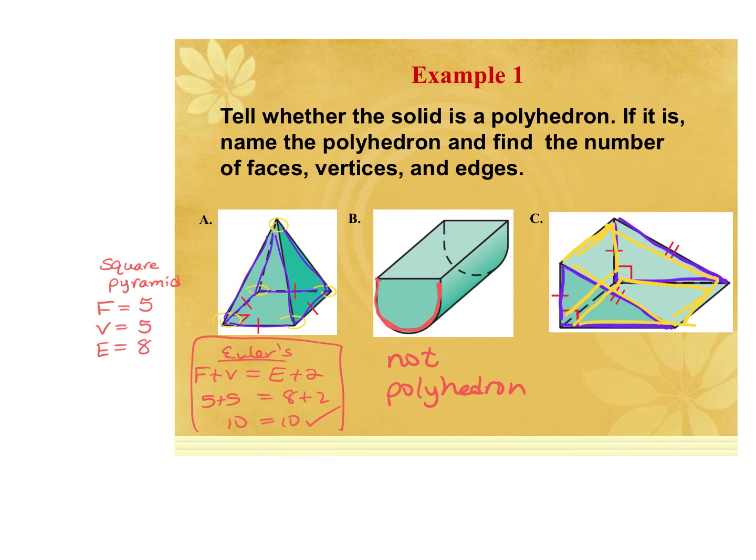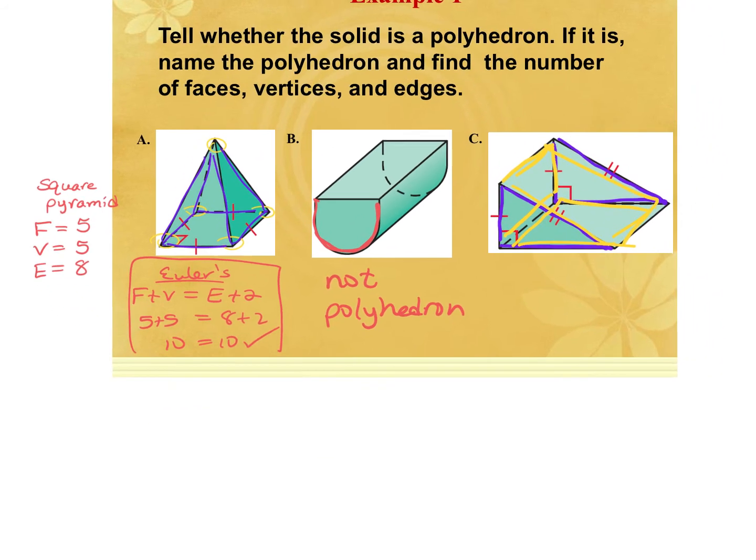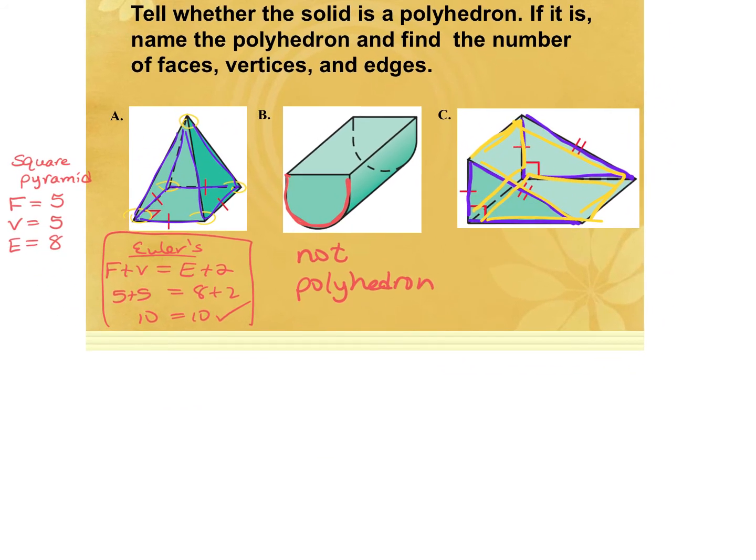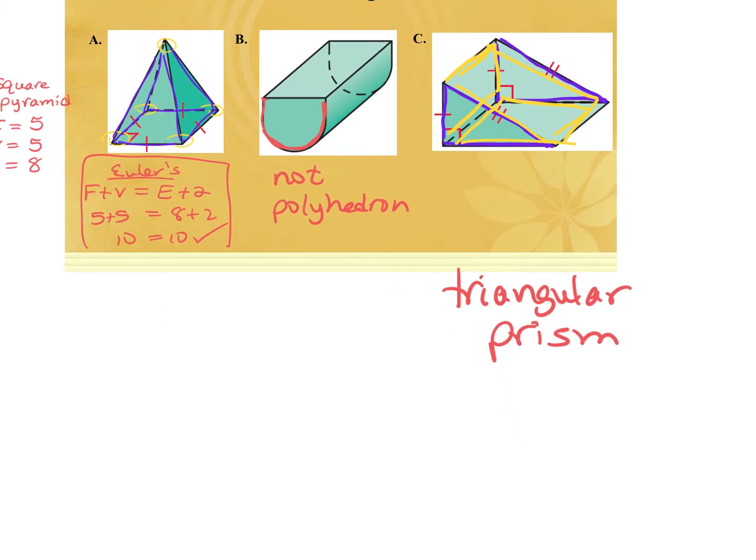So this is actually a triangular prism, because you have two triangle faces. More specifically, it's actually a right triangular prism, but again, all I need to know is it's a triangular prism.